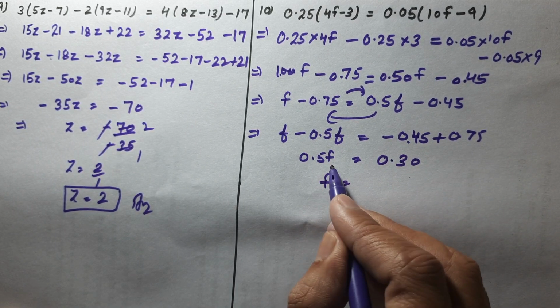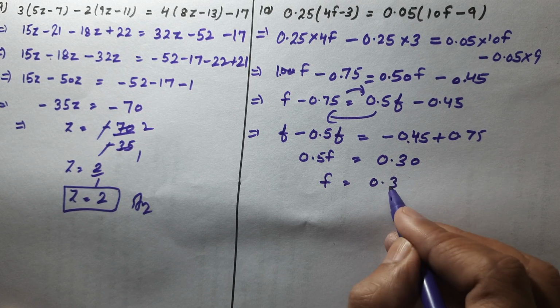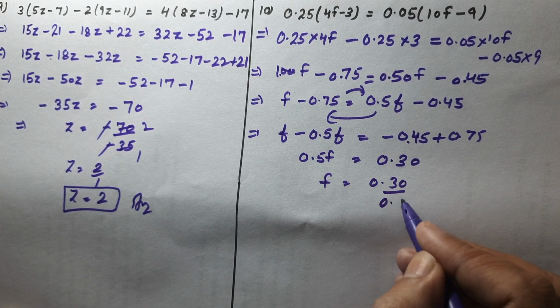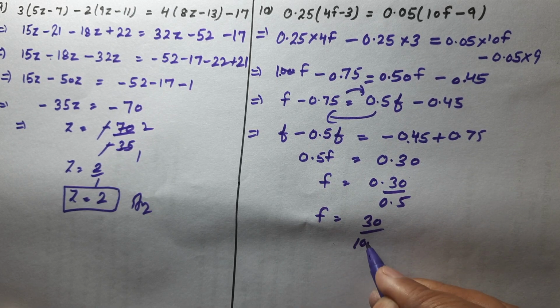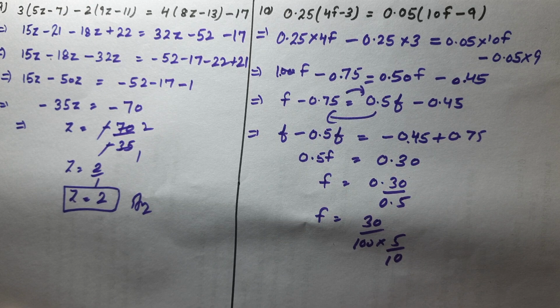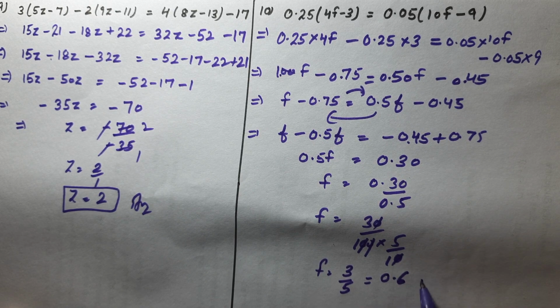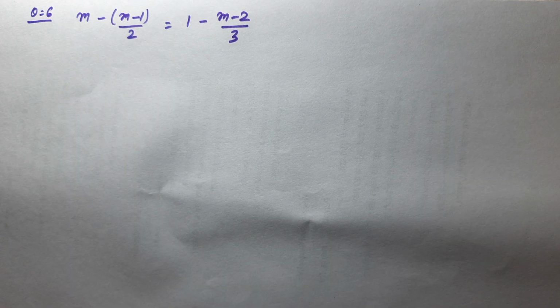Now 0.5 in multiplication will change into division. 0.30 over 0.5. Now you can remove the decimal place. 30 upon 100 into 5 upon 10. Now do the cutting. So we are left with f equals 3 upon 5. Or by using the division method, it comes out to be 0.6. So the value of f is 0.6. That is our answer. Okay children, from my side this exercise is over.